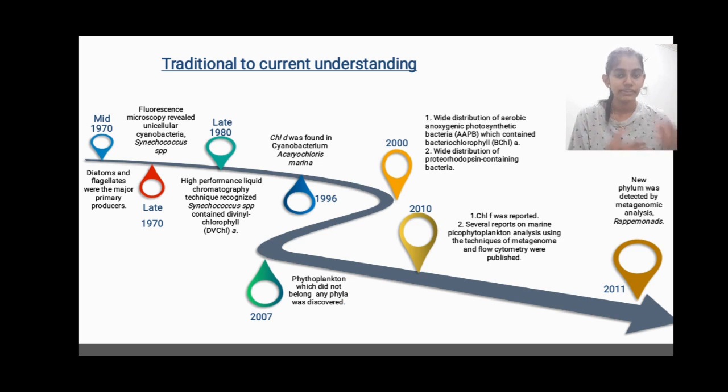At 2007, the scientists discovered phytoplankton that did not belong to any phylum. At 2010, chlorophyll f was reported and several reports on marine phytoplankton were published. At 2011, Rappemonads were discovered by metagenomic analysis.